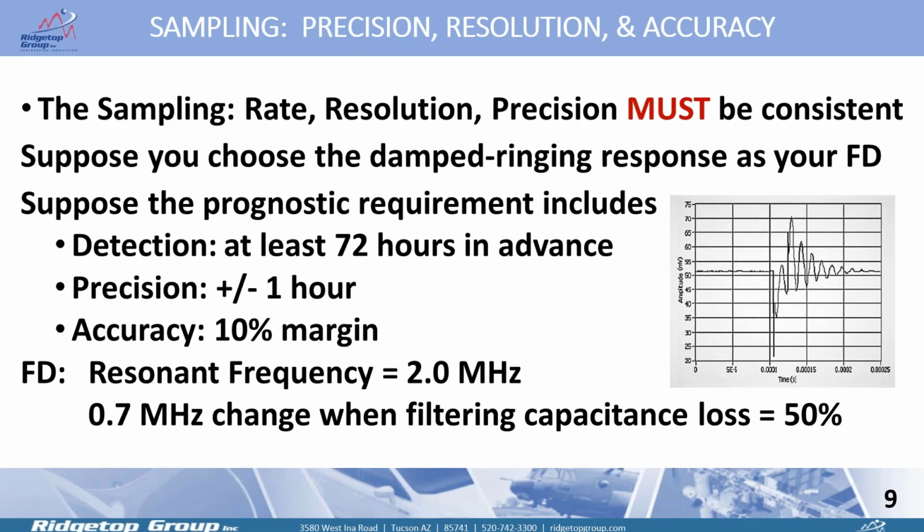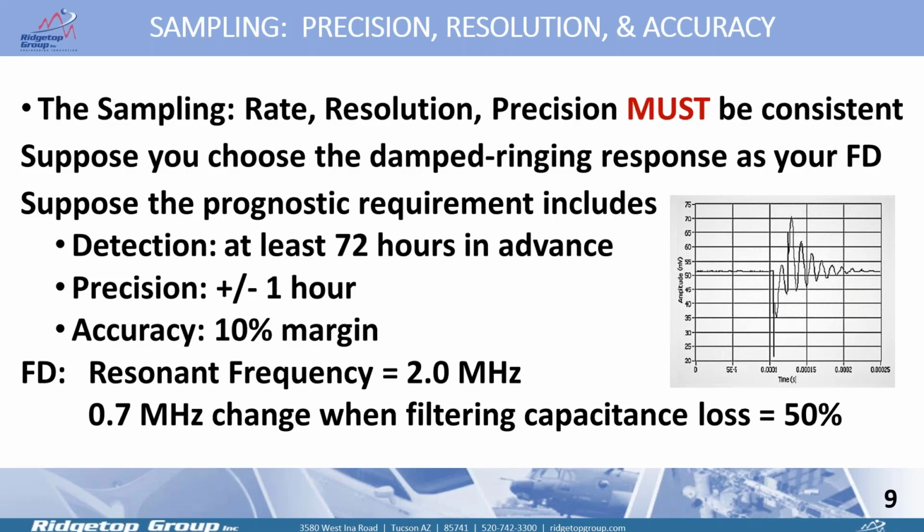Well, it's not quite that simple, because you have to take into consideration the sampling rate, the resolution, and the precision. For example, supposing the customer says, I want to detect failure at least 72 hours in advance, and I want the prediction estimate to be plus or minus 1 hour, and I want 10% accuracy.